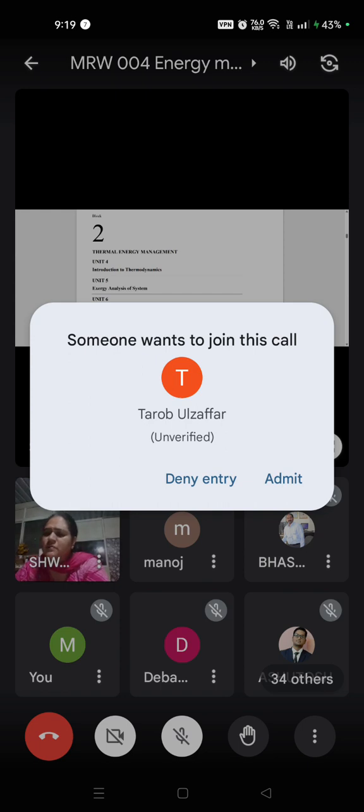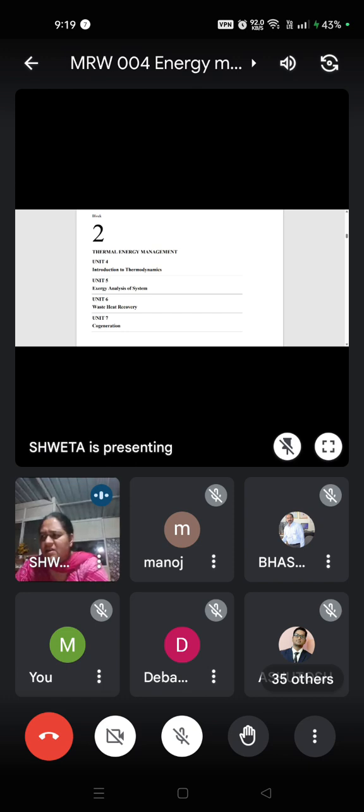In one unit we will also be discussing the energy audit instruments, how you are going to do energy audit. For that, certain instruments are there, and what should be the properties of those instruments. It should be transportable. Wherever you want to go, you can keep them with you. It should be accurate and precise.